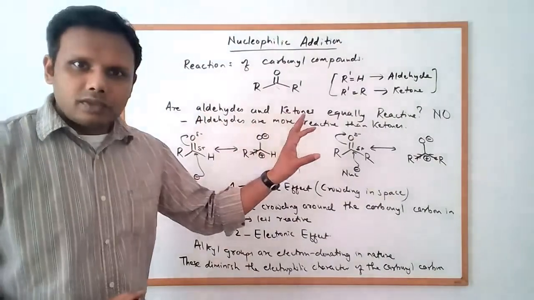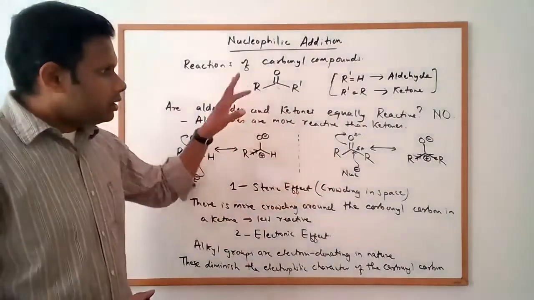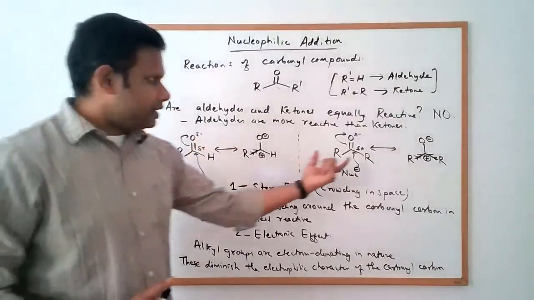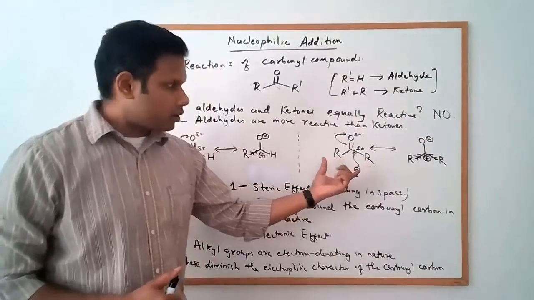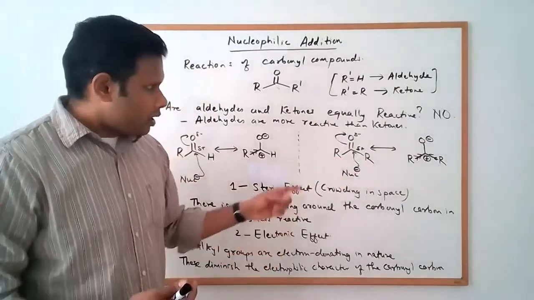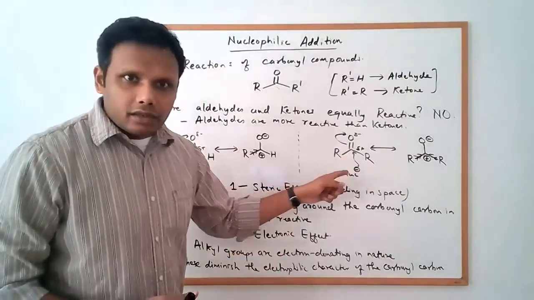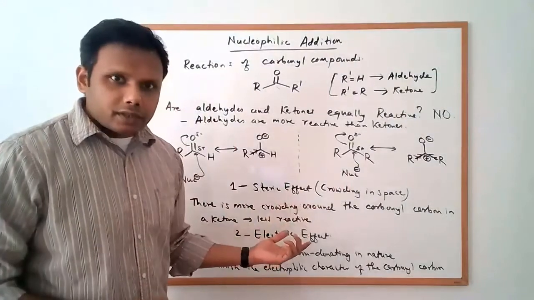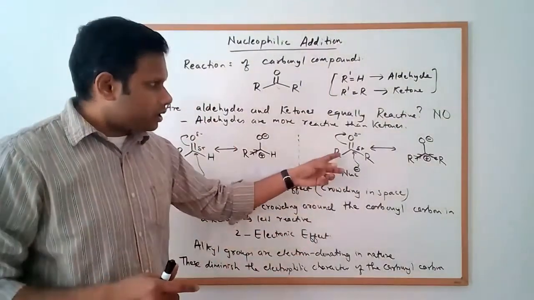So because of those two reasons, okay, one, a steric effect, and second, an electronic effect, an aldehyde is more reactive than a ketone in these nucleophilic addition reactions. So the presence of these two alkyl groups or carbon-containing groups makes the attack difficult. One thing, that's the steric effect, okay, because there's crowding around that carbon.